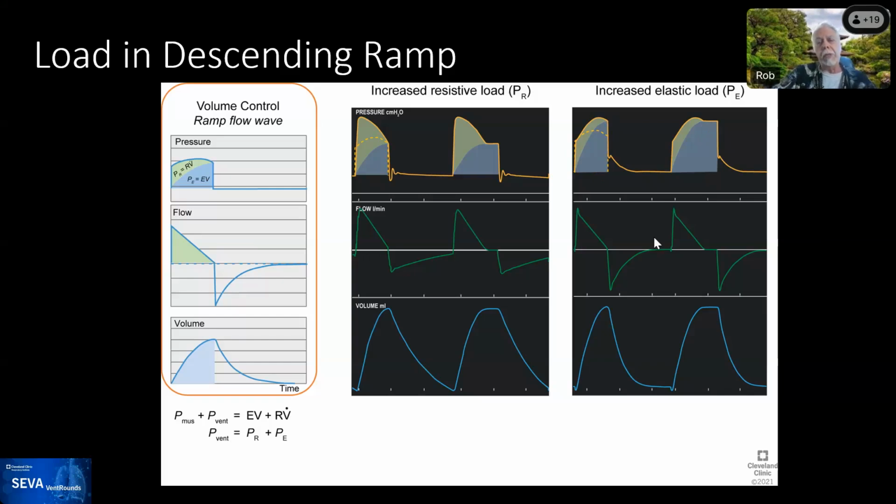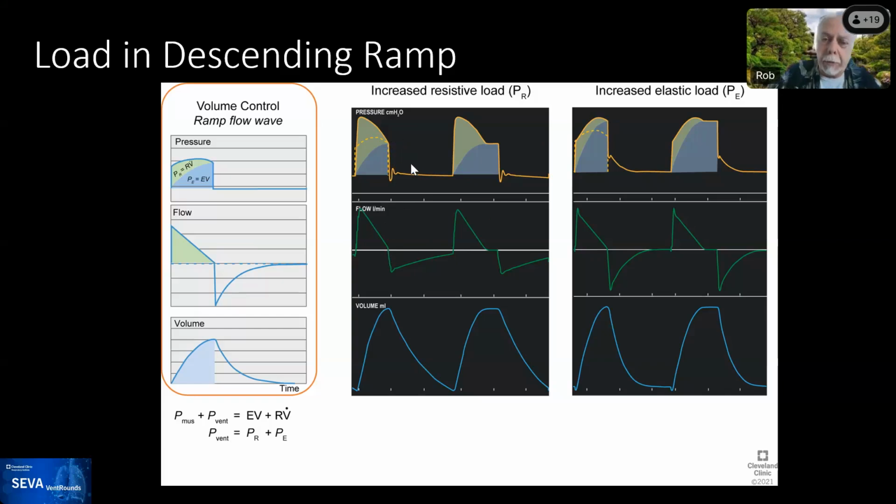So the interesting thing about using a descending ramp like this is that, if you don't have an inspiratory hold, you can just see at a glance over time what's changing, resistance or elastance. And if you can just freeze the screen without freezing the ventilation, you can see what the pressure is at end inspiration, and that'll be a pretty good approximation of plateau pressure.